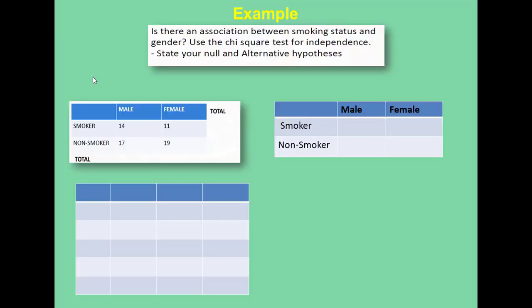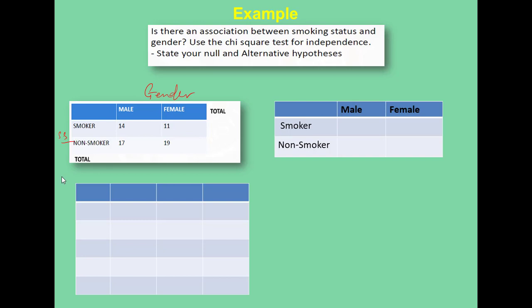Okay, so we have a question here which says, is there an association between smoking status and gender? Use the chi-square test for independence to determine this fact. State your null and alternative hypothesis. So basically, we are asking if on this particular table here, is there an association between gender, which is one category, and smoking status?